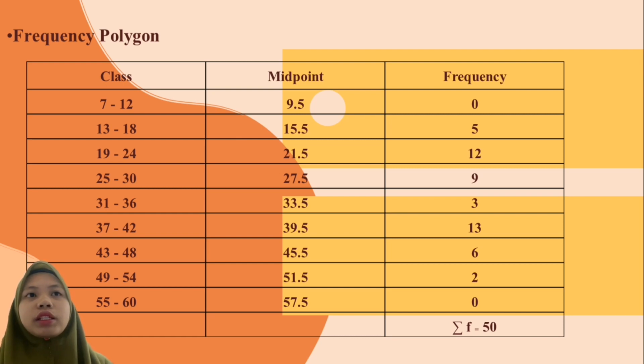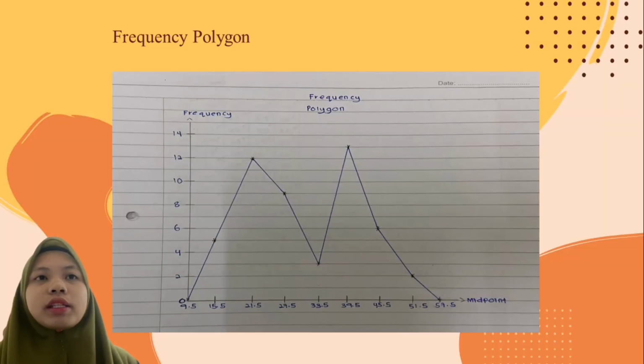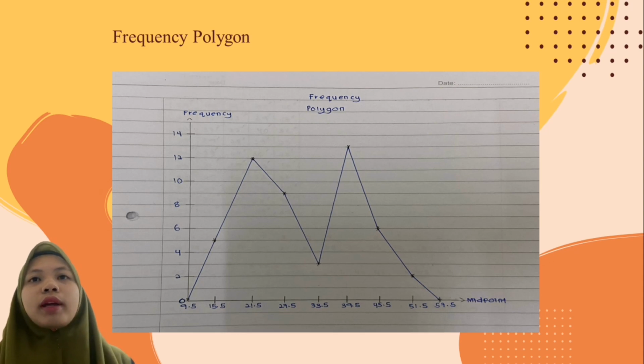This is a table frequency polygon. And this is our graph. Graph 1 frequency polygon. The X band is the midpoint and the Y line is the frequency. So settle for graph 1 and data 1. Let's move to data 2 and graph 2.